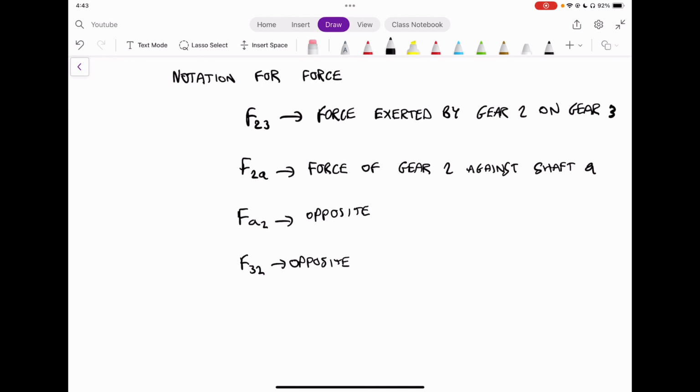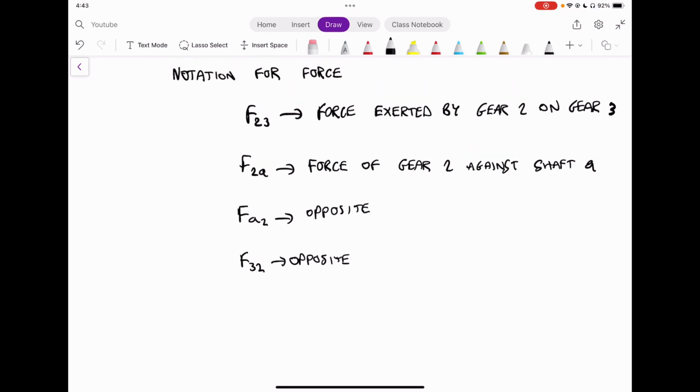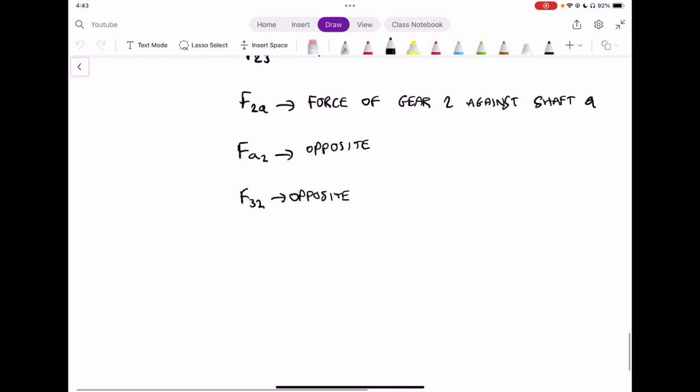Now, we're also going to add, so we have these subscripts. Subscripts are under the letter. We're also going to have superscripts to describe the forces, and the superscripts are going to indicate direction.